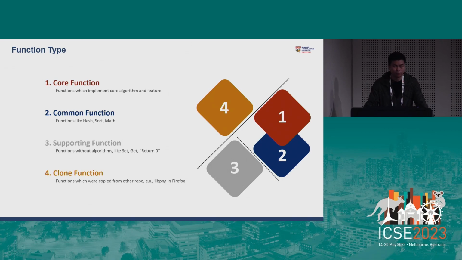Common functions and core functions certainly contain certain logic, like algorithms or math libraries. But the difference is that common functions are widely used in almost all libraries. They are not special to a specific library. They are just implemented to support the core algorithm of the library.